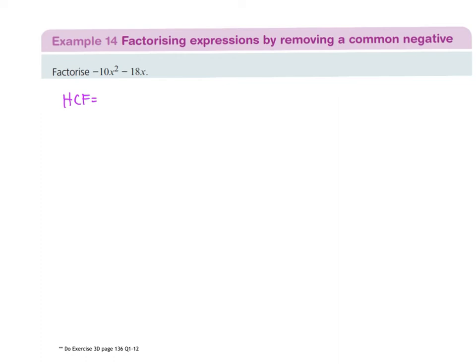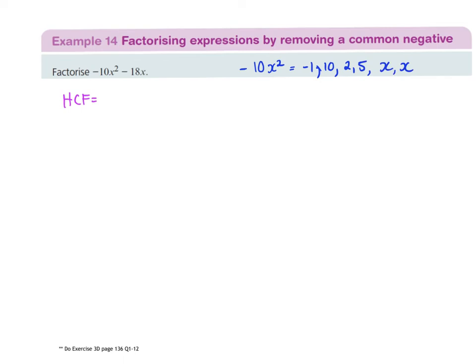So let's think of it, we might need to write them out. So 10x squared could be, so we've got negative actually 10x squared. So we could have negative 1 times 10. So 1 and 10 are factors. I'm going to say 2 and 5 are factors. And we've got x and x, don't we?